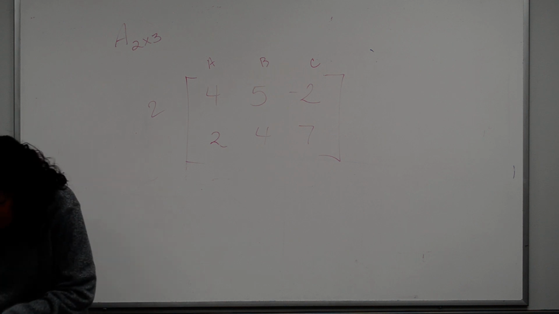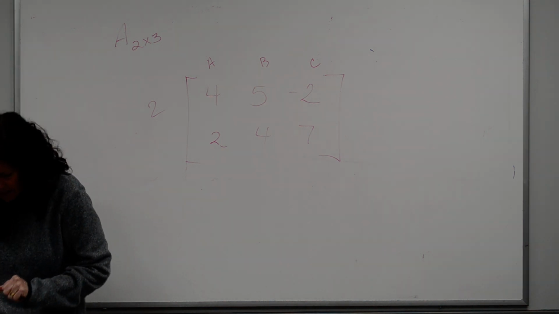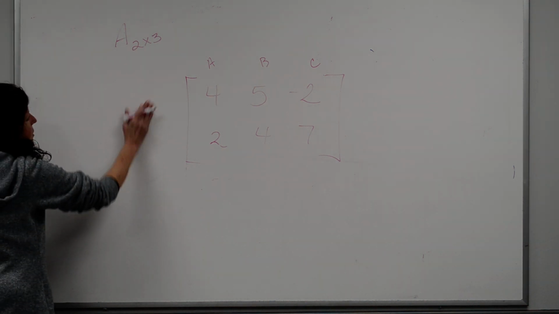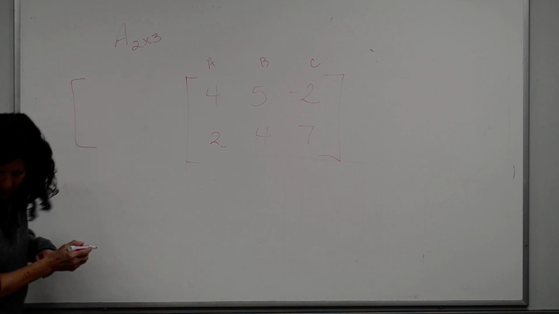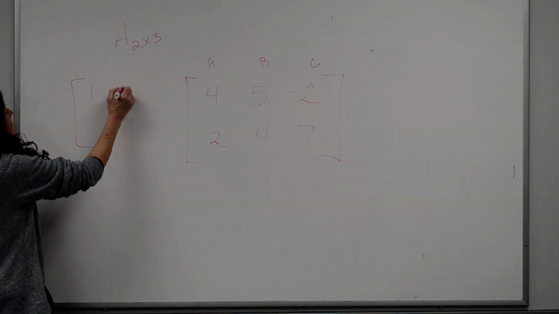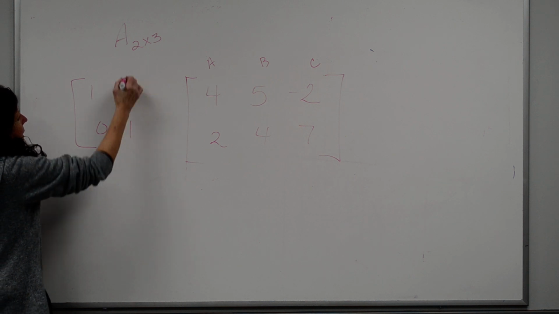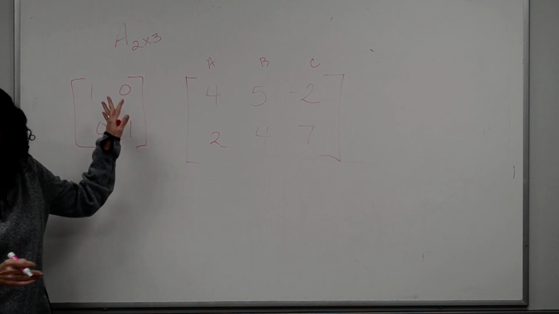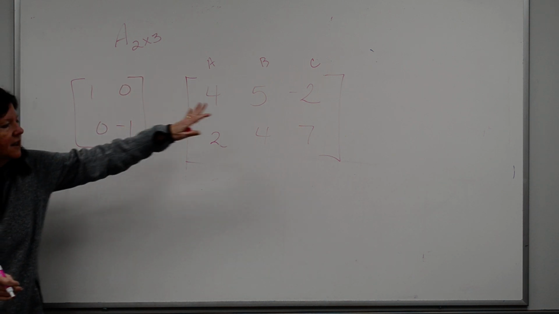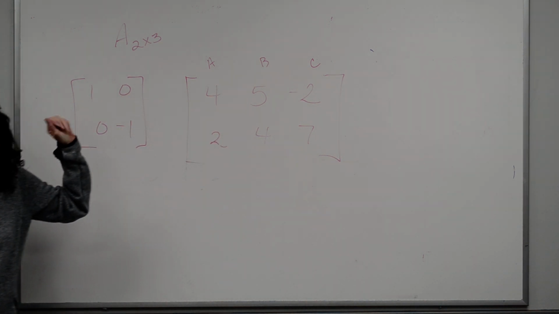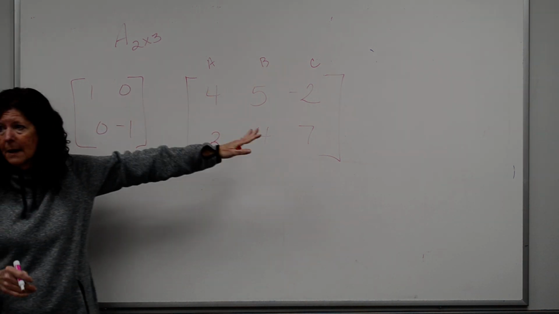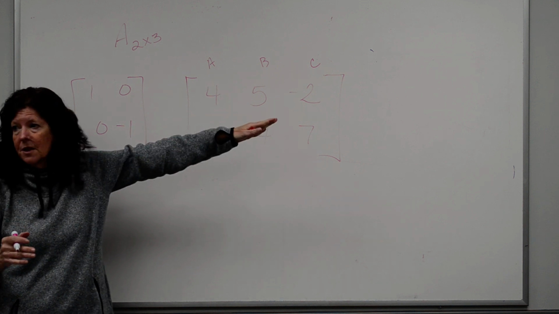So if I wanted to reflect it over the x-axis, I could multiply this matrix by 1, 0, 0, negative 1. If I put that in under matrix A, that in under matrix B, and just said select matrix A times matrix B, it would give me the result.